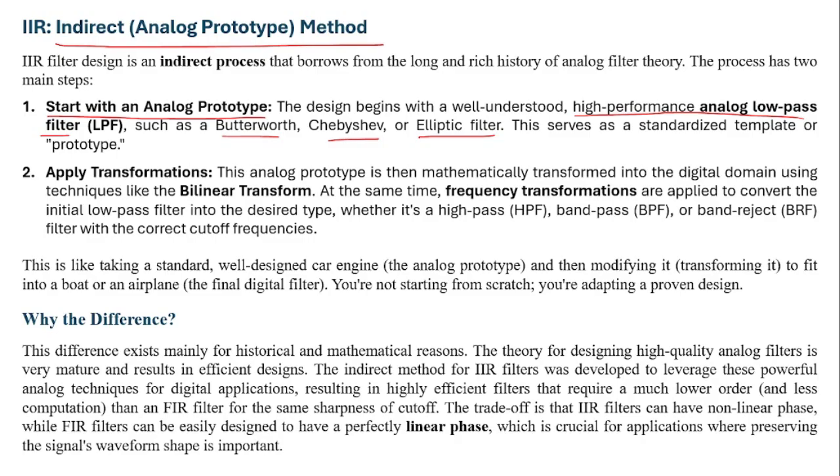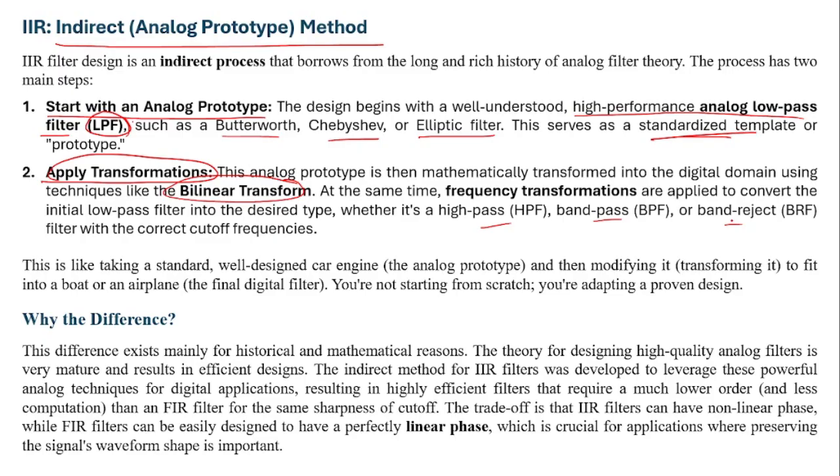So we take up a special class of analog low pass filter, which serves as the template for us. And then after we have designed the low pass filter, we apply various transformations like the bilinear transformation method to design the digital filter for specific applications. It may be high pass filter, band reject filter, whatever.